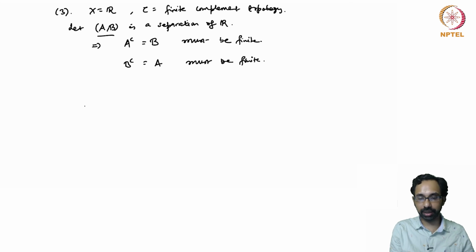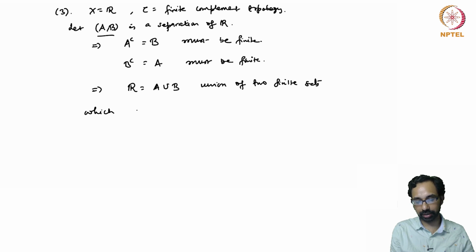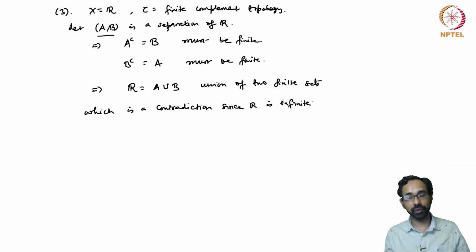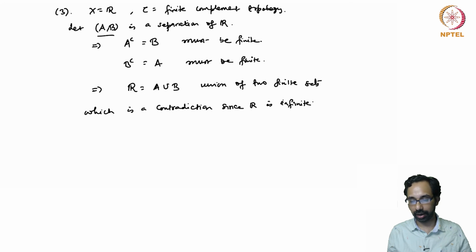So since AB is a separation for R, this implies that R is a union of two finite sets, which is a contradiction since R is infinite, because the union of two finite sets must be finite and R is infinite.